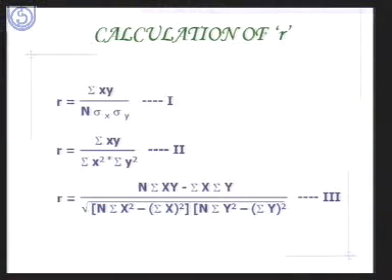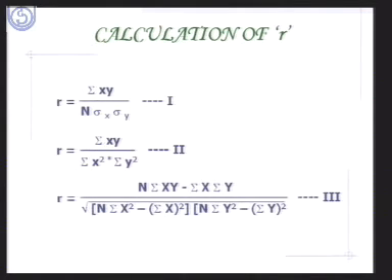Otherwise, we cannot. Now, how can we go about the calculation? I have already shown on this slide three different formulas which can be used to calculate the Pearson product moment coefficient of correlation, which is generally represented by the small letter r. So, r is equal to summation of xy. Please keep in mind this x is a small x and y is a small y, not the capital.